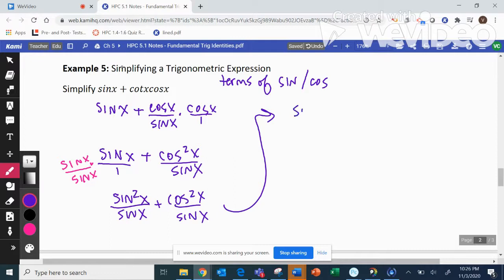And that's going to give me sine squared x plus cosine squared x over sine x. And then this right here is the Pythagorean identity. That says sine squared x plus cosine squared x is 1, so we have 1 over sine x, and 1 over sine x is cosecant x.